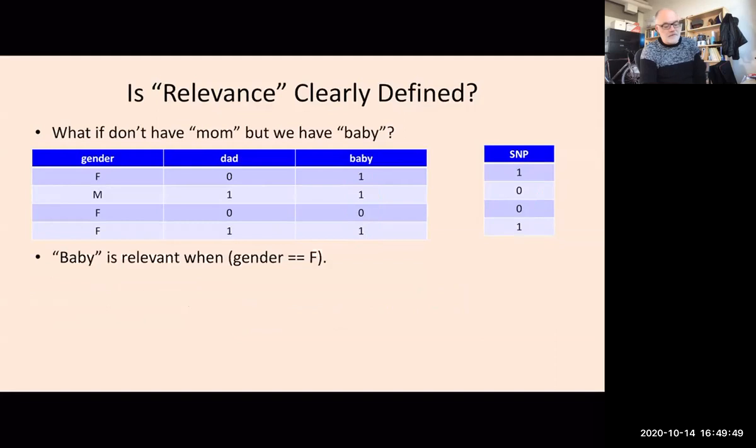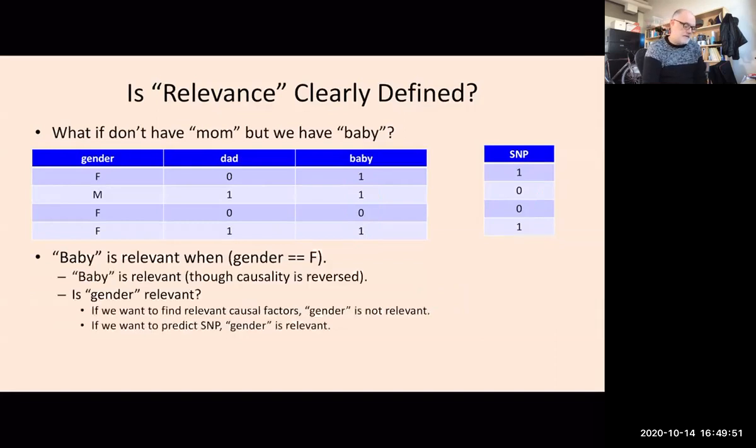Right. What if we don't have mom, but we have baby, right? Baby is relevant when the gender of the individual is female, but not relevant when the gender of the individual is male, right? Because it won't be passed along if the gender of the individual is male. It won't be passed along.